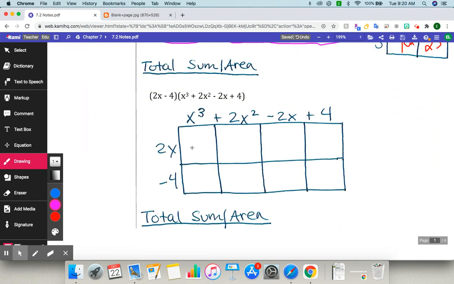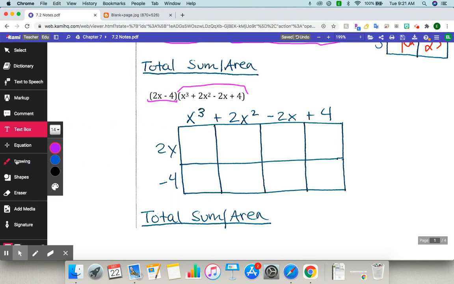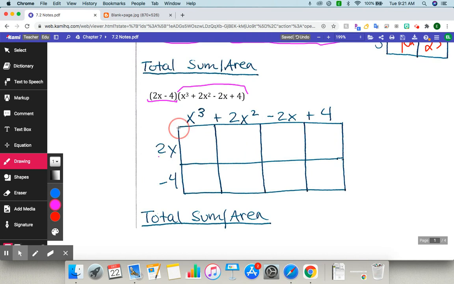And in this example, we're multiplying a binomial by another polynomial. We just call the second factor a polynomial since it has 4 terms, and we don't have a specific name for that. So notice the generic rectangle itself is 2 by 4.